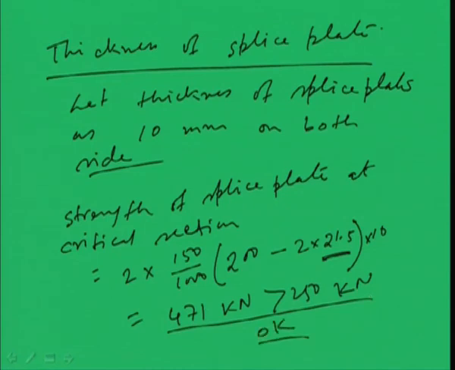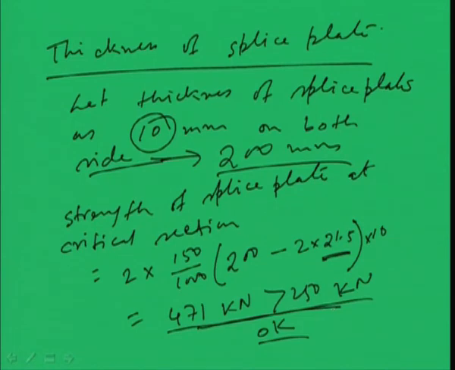Okay. So tension splice we have considered 10 mm thickness, and the width we have considered 200 mm. So 200 by 10 is sufficient to carry this much. In other way also we can find out the thickness of the tension splice. That is, we can assume let thickness be equal to T, we do not know. Okay.